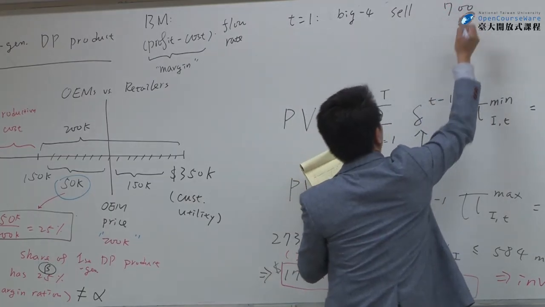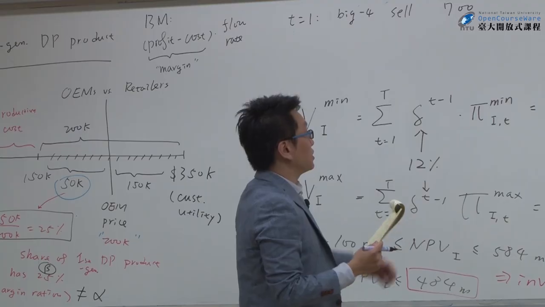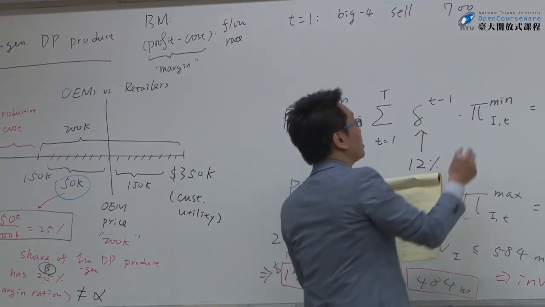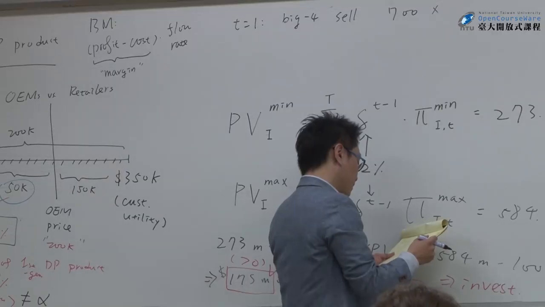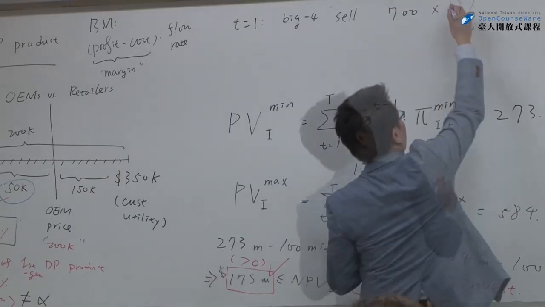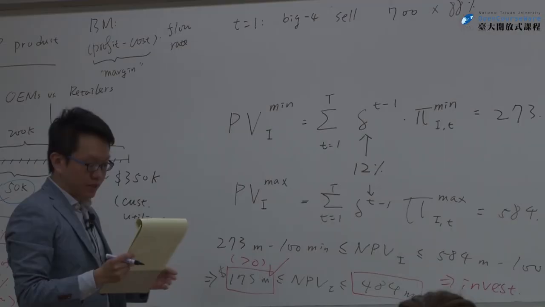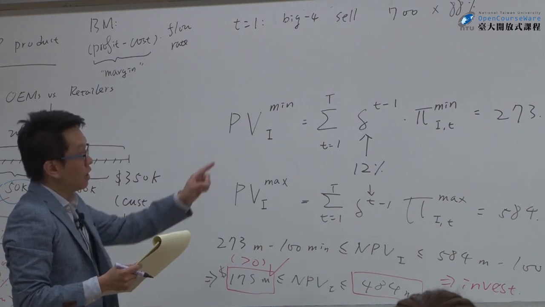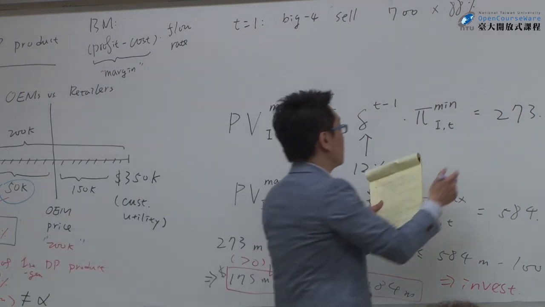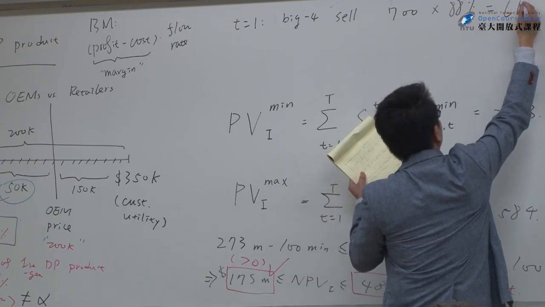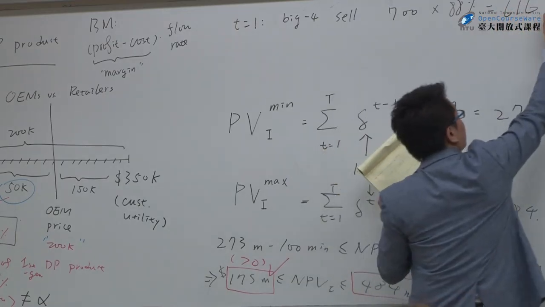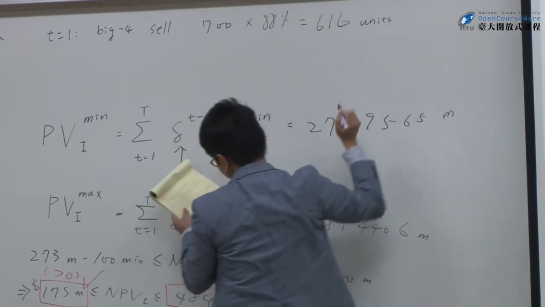In total, in the first period, there are 700 units in the market, and I will round it up for the break. So here will be 88%. If all Big Four sell the new generation product, the market share will be 88%. So in year 1, the Big Four can sell 616 units of the new generation product.